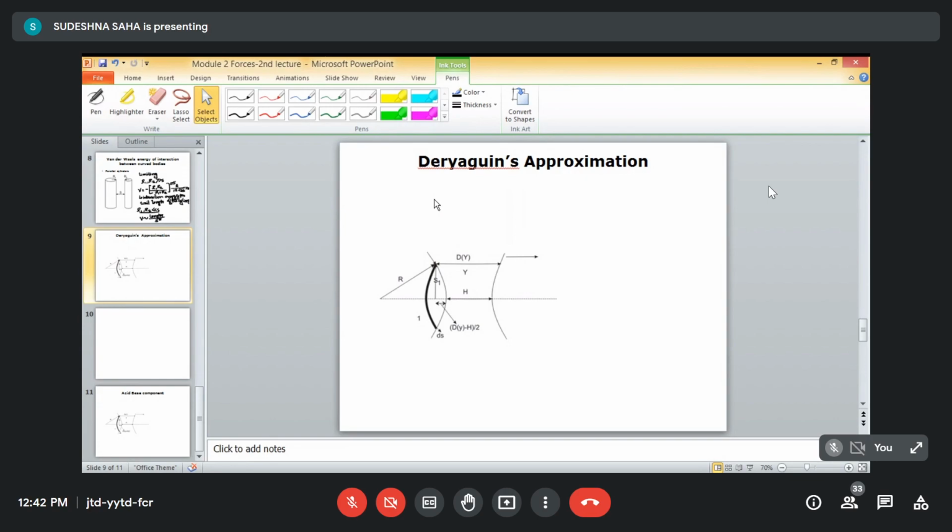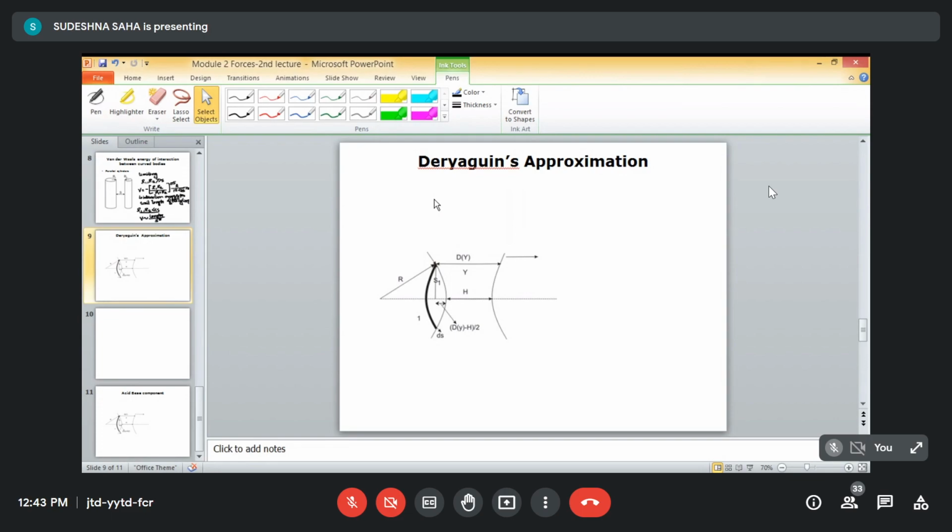That means we use the interaction energy between flat plates and extend it to the corresponding spheres or cylinders, which can be directly calculated. This approximation can be applied for very large particles with thin double layers at small separations compared with the particle size.